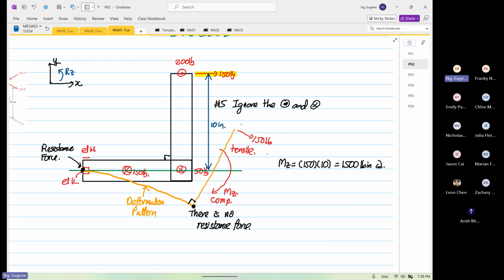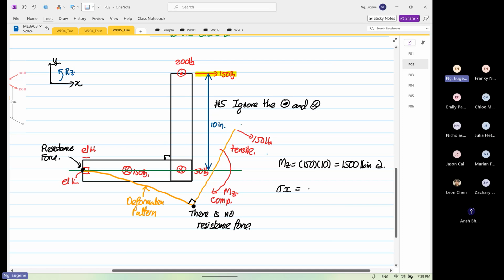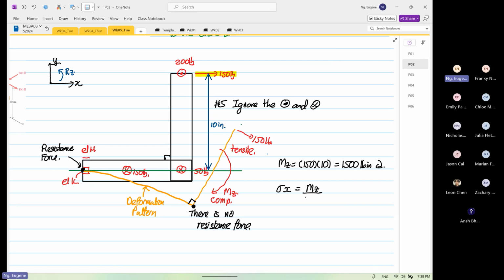The formula that we are going to put in, right? If you look at the formula that we're going to put in now, Mz will cause a stress in the x direction. So this will be equal to Mz over Izz multiplied by y, right? So if you look at element H, right?